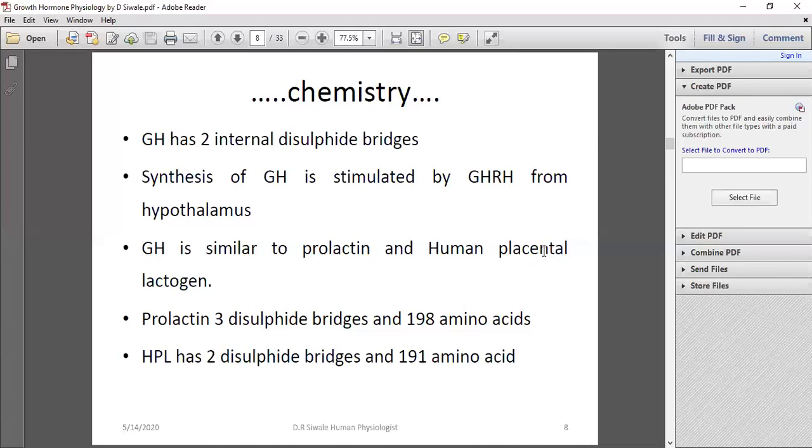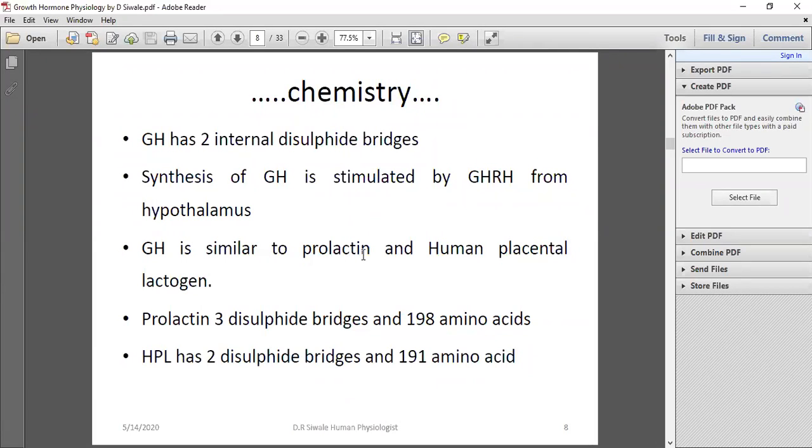And human placental lactogen has growth hormone-like activities, but it is associated with fetal development and pregnancy. It is secreted by the placenta. So these are the two hormones which are very similar to growth hormone: prolactin and human placental lactogen.